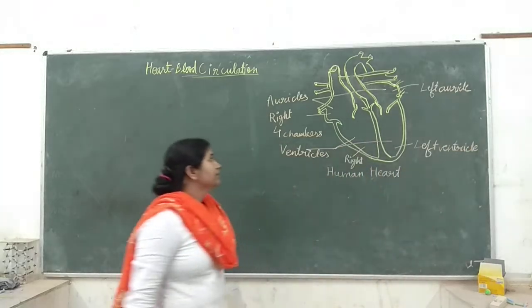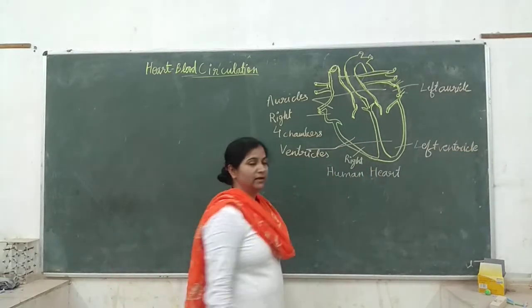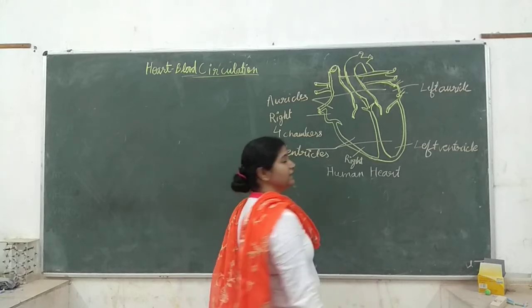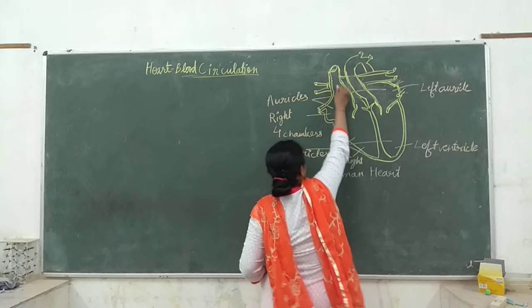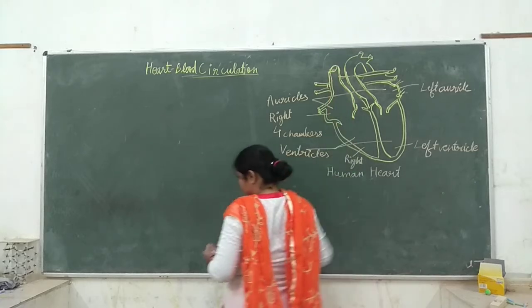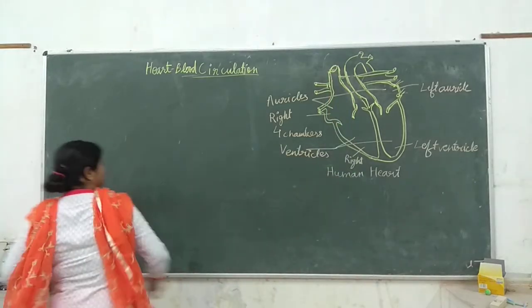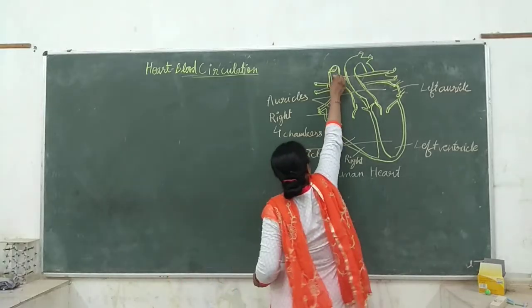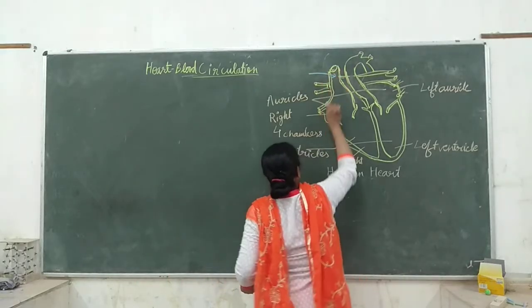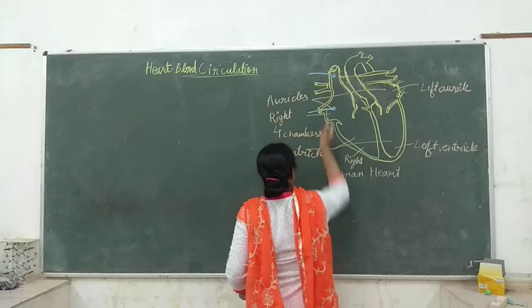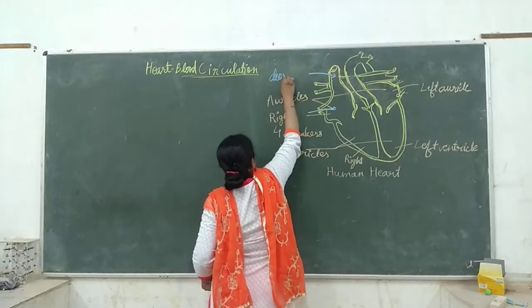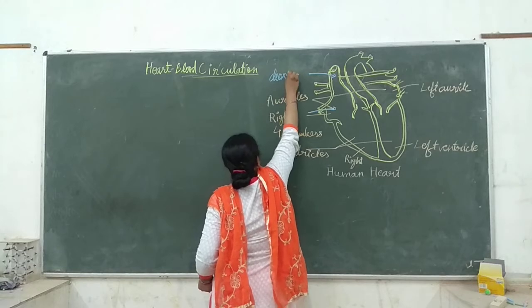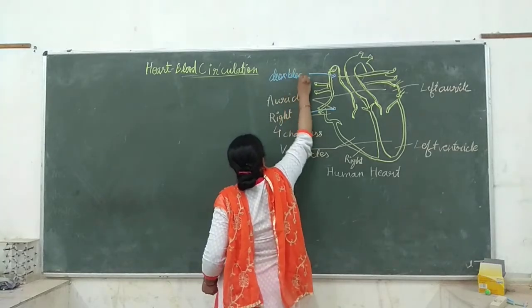Now we should also know the various blood vessels which are connecting to these chambers. This blood vessel present here on the right side, I am marking it with blue because it is carrying deoxygenated blood.